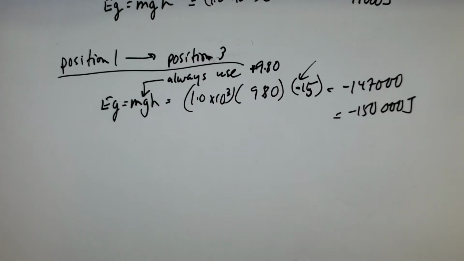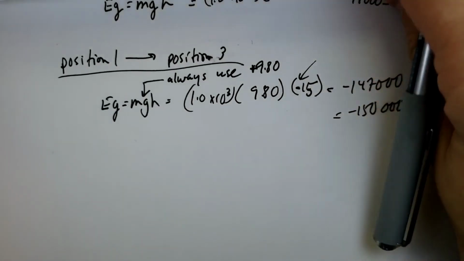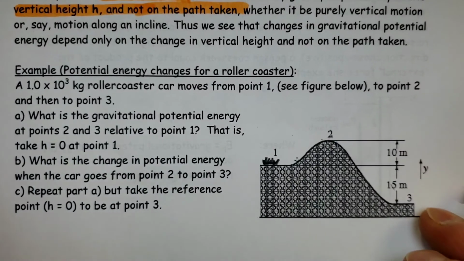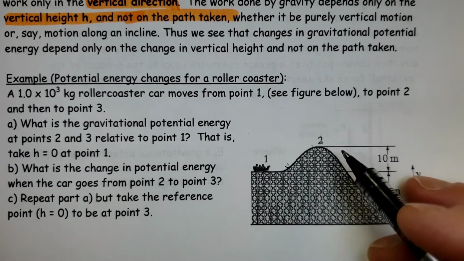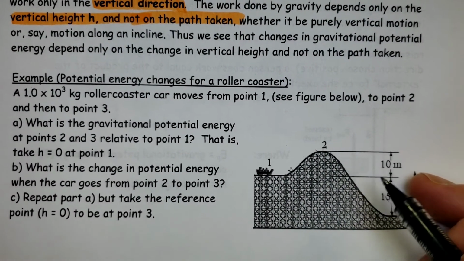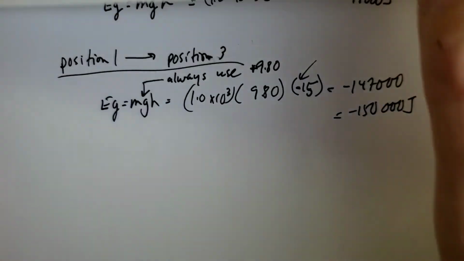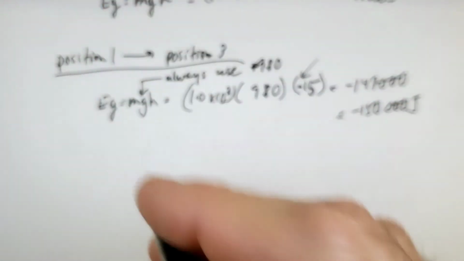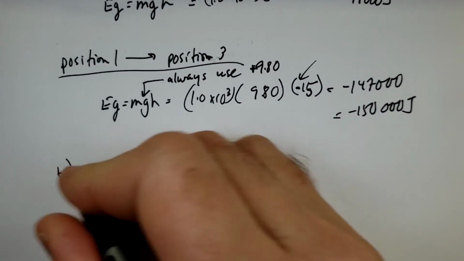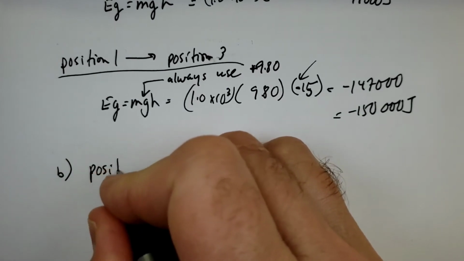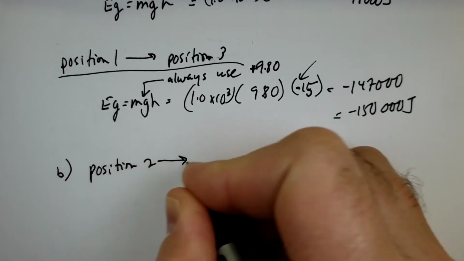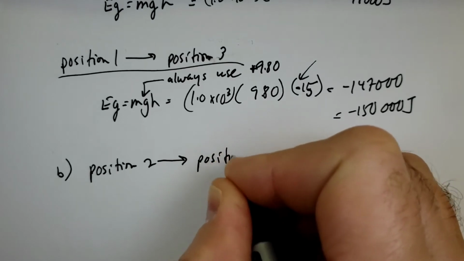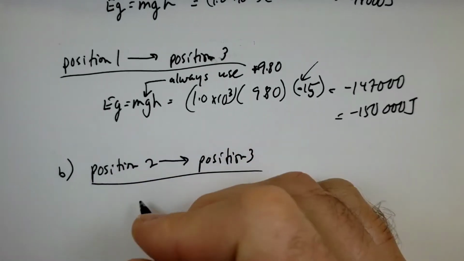For part B, we're going from position 2 to 3. So from 2 to 3, start, finish. So you can see 10 and 15, it's going to be 25 in the downwards direction though. So position 2 to position 3.